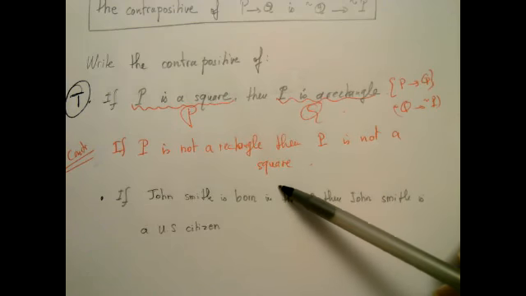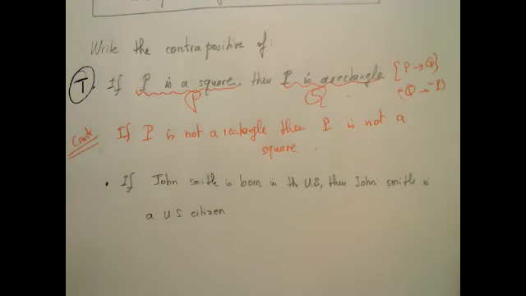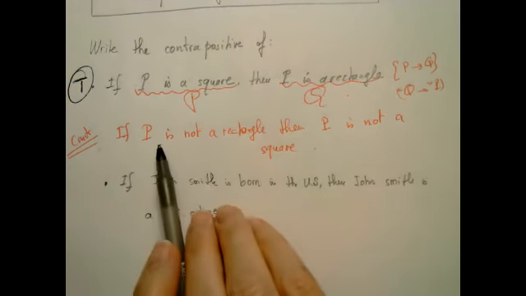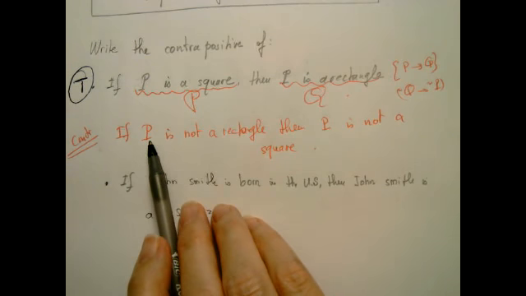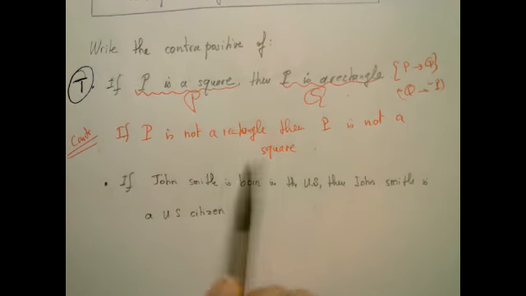Now, what about my contrapositive? Is it a true statement? Is my contrapositive true? What do you think? If I give you any quadrilateral, if P is not a rectangle, then P is not a square.